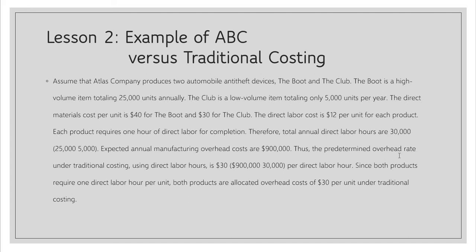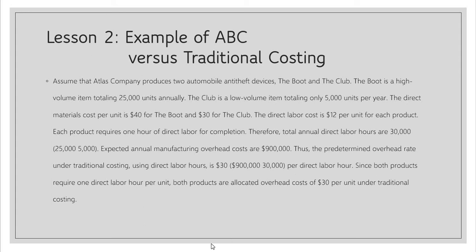So, the predetermined overhead rate using traditional costing under direct labor is 30. Okay, so that is $900,000 over 30,000 labor hours. Okay, so $30 per labor hour.